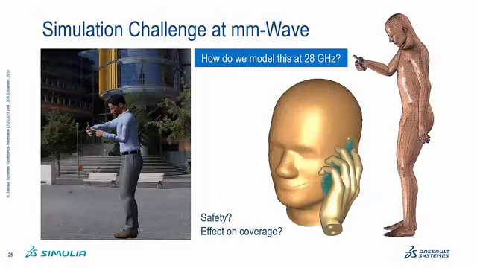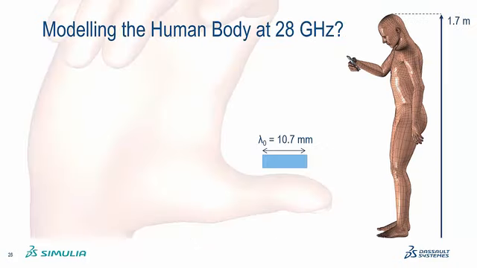Now, when we move up to millimeter wave, we have an additional challenge. So you have the same issues of safety and the effect on coverage, but the big question becomes, how do you model a head or a human body at 28 gigahertz or at these high frequencies? And the reason that's a question is because of the wavelength size. If you look at the wavelength of the electromagnetic field at 28 gigahertz, in free space, it's 10.7 millimeters roughly.